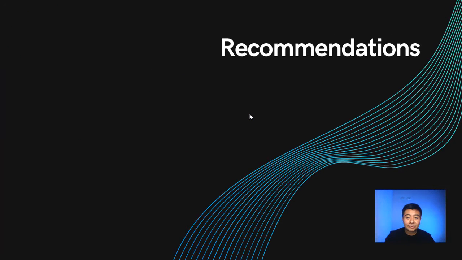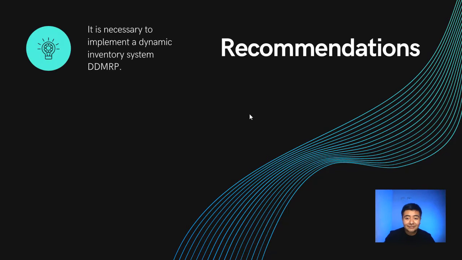Based on the study carried out and the observations of the behavior of each of the stations and buffers that make up the factory, it is recommended to modify some of the stations, increasing the machinery and the employees necessary to operate them. According to the recommendation of an expert, it is necessary to implement a dynamic inventory.